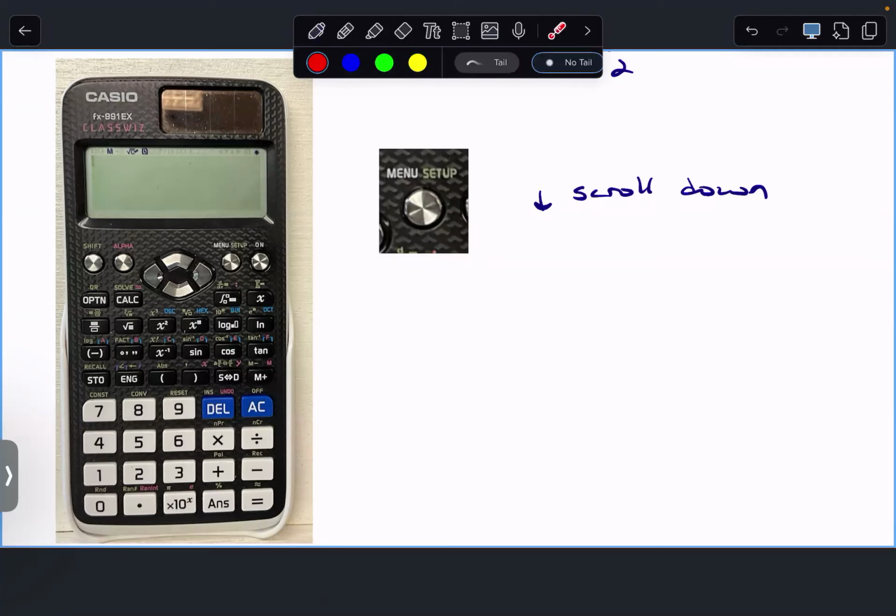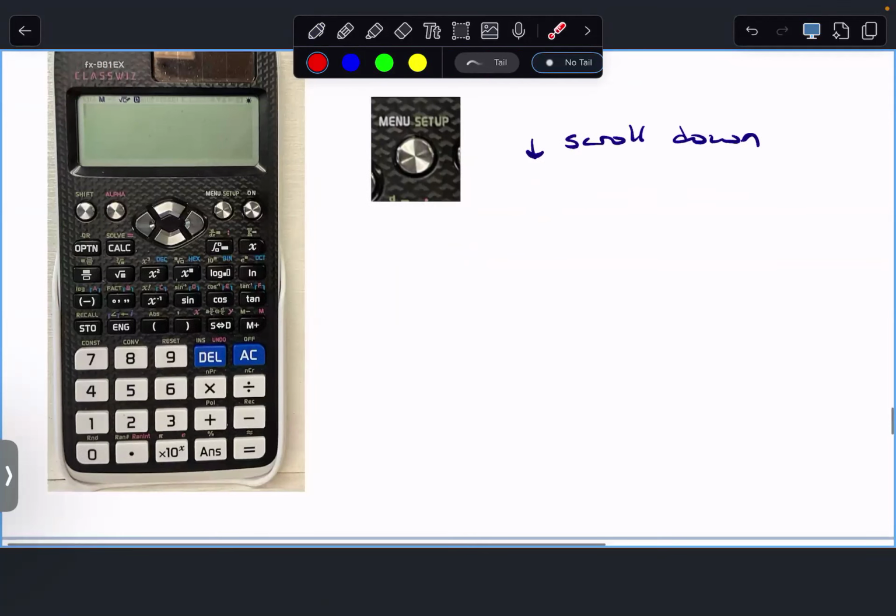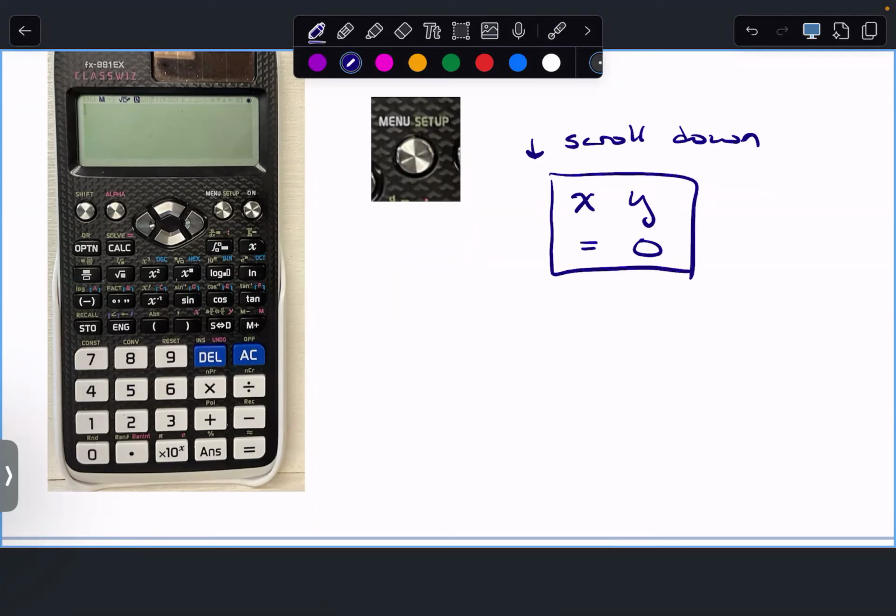Obviously, if it's a different brand, it'll be way different. You can Google it, but for me, there's an option that looks like this: XY is equal to 0. So mine, I'll go to highlight it.